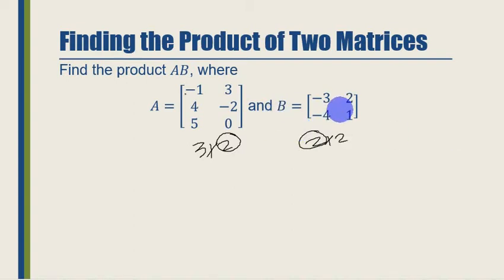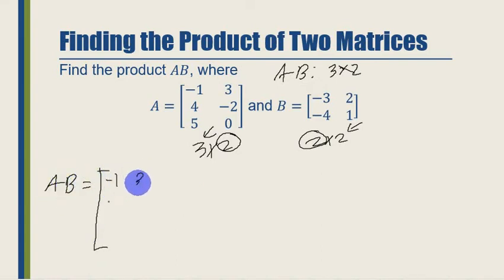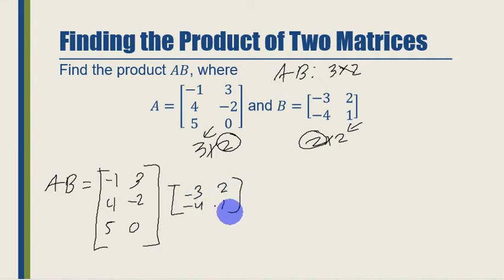And we're going to expect that AB will have the size of a 3 by 2 matrix. So, AB will be equal to our matrices. I'm just rewriting them so they can be closer together. There you go. This is -3, -4, 2, and 1.